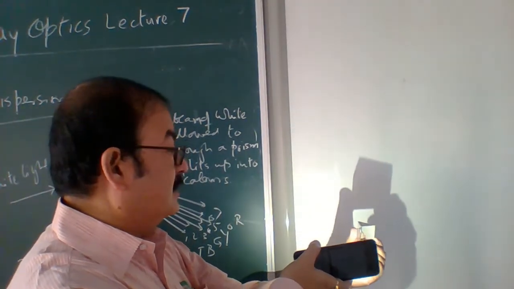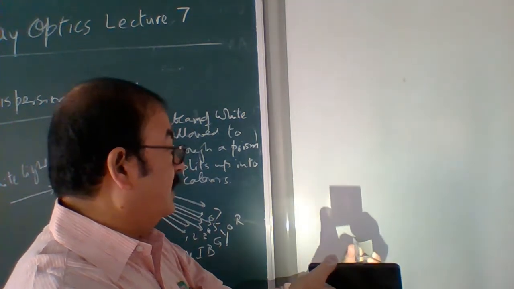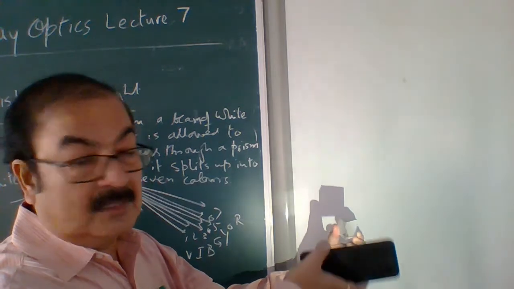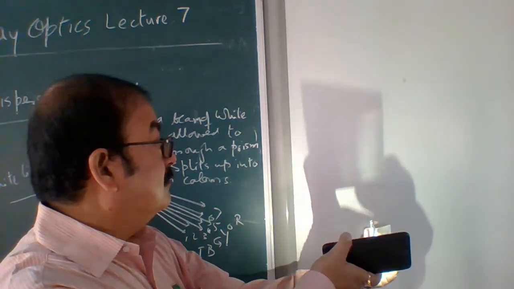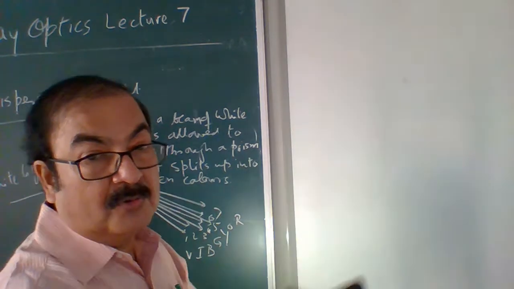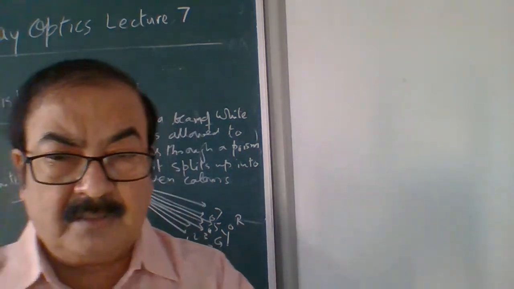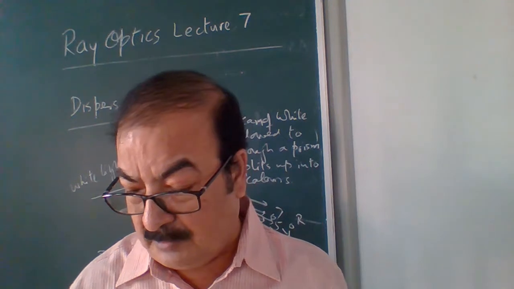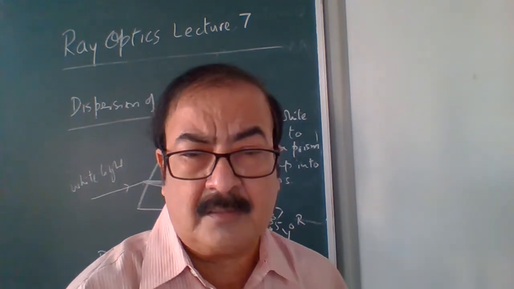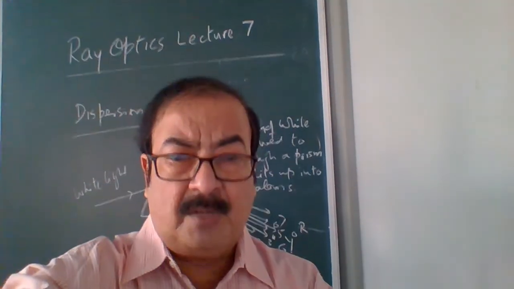Some color bands are obtained, but at a particular angle it could be pointed out. Anyway, that is not possible to produce, but by watching the board very carefully, you can see such a thing could take place. Okay. Now this is how we discuss the dispersion of light.